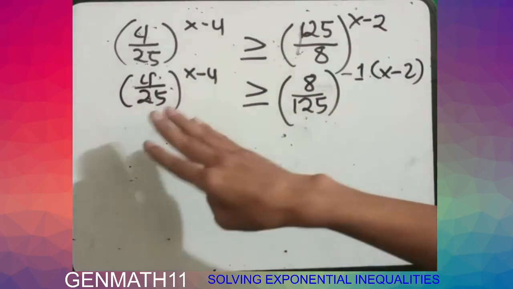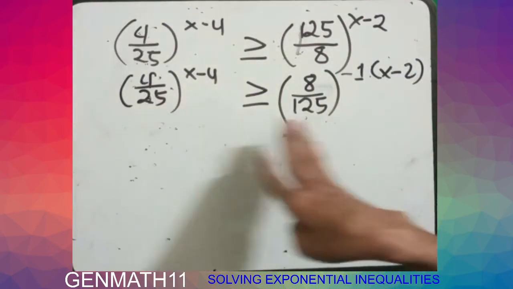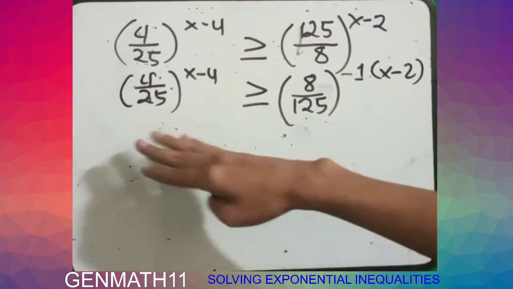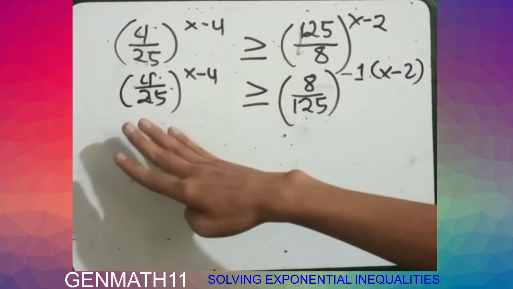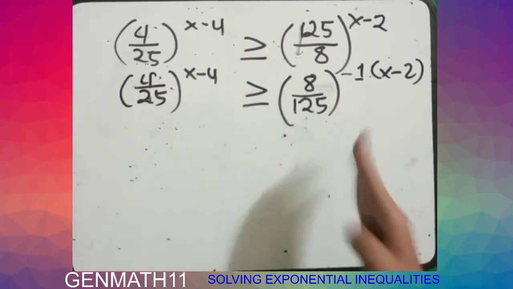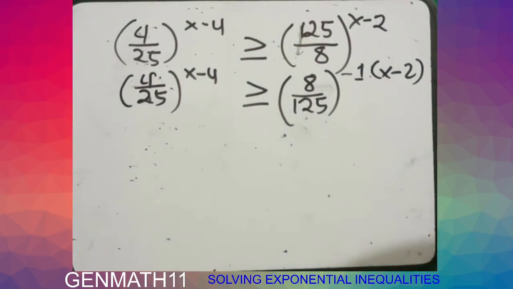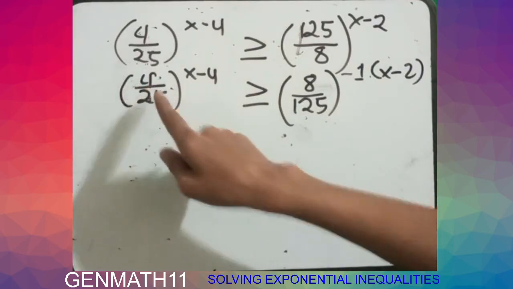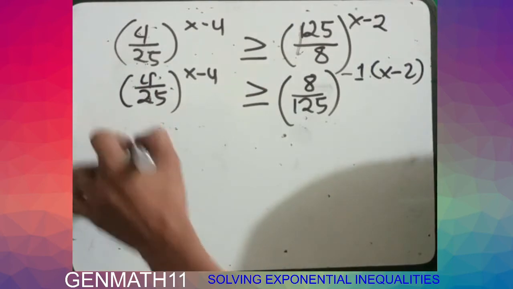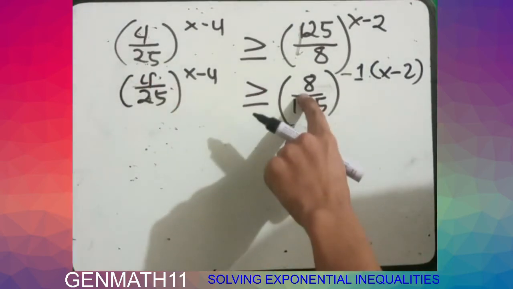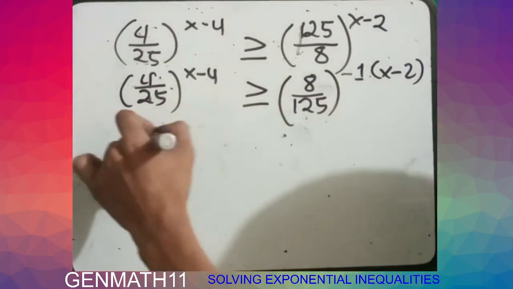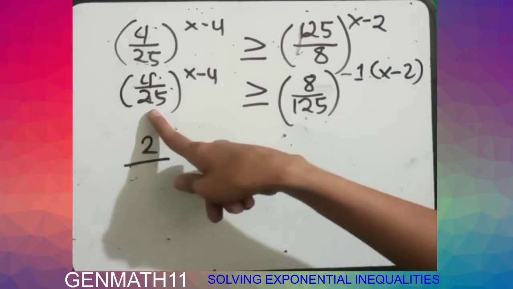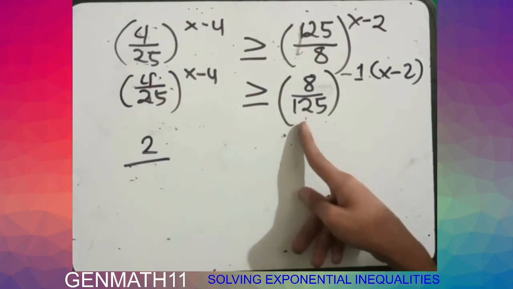Then, iisip naman tayo ng number. Pagkatapos natin ganun, titignan natin kung ano yung base natin na pwede dito sa both side. So, gagawin natin para hindi tayo mahirapan. Ano kaya yung pinakamalapit na number kay 4 at saka kay 8? So, sa palagay ko, 2. Okay, try natin si 2. Then, sa baba, ano pinakamalapit kay 25 at saka 125?